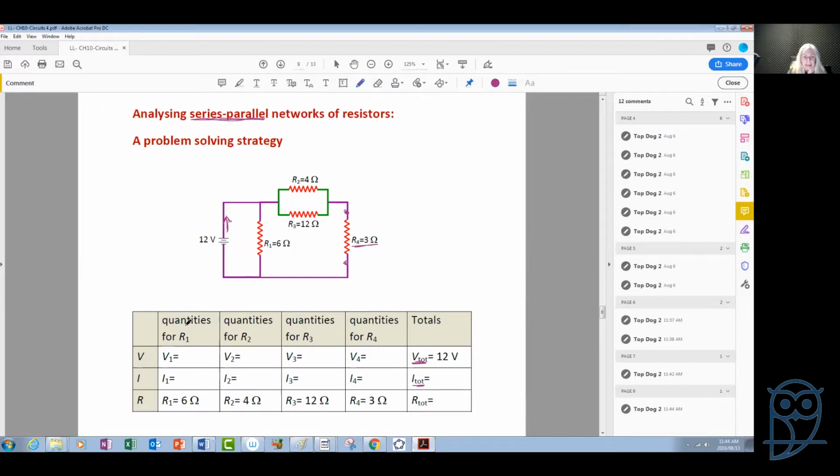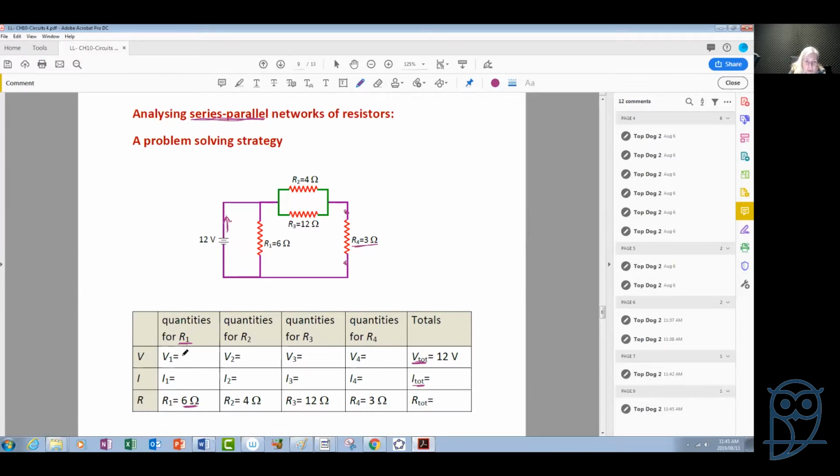So you see here at the top the headings of these columns. Here we're going to include the quantities that concern resistor R1. This is R1 in this case. So R1, its value is given already, 6 ohms. So we can include the values that we already know. So look at this column.